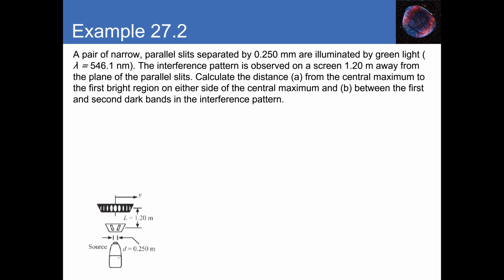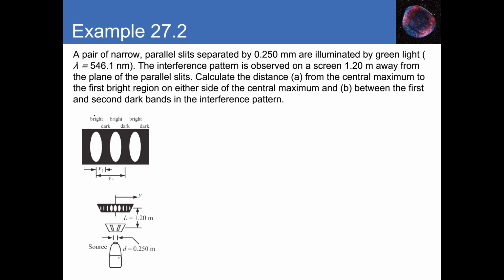All right. So here's our experiment again. We have a source, there's a double slit, and this time we're given the distance of the slits, the spacing, 0.25 meters. And we're given L, the length between the slits and the screen, to be 1.2 meters. And we observe those dark and bright fringes.